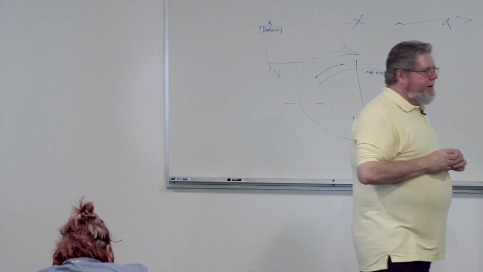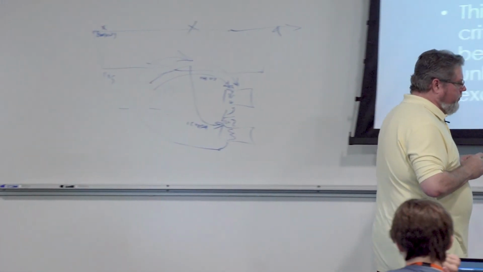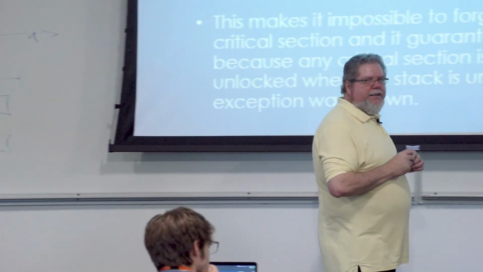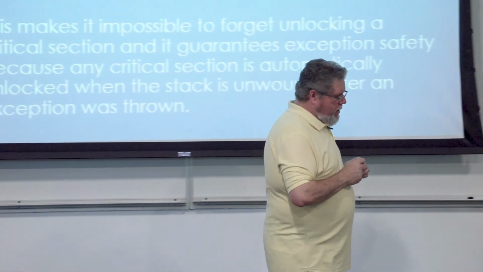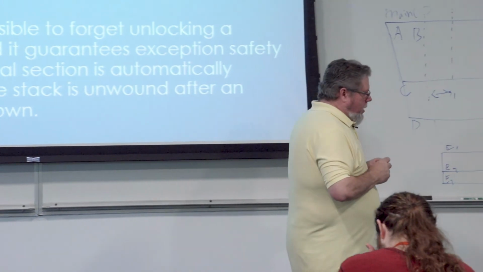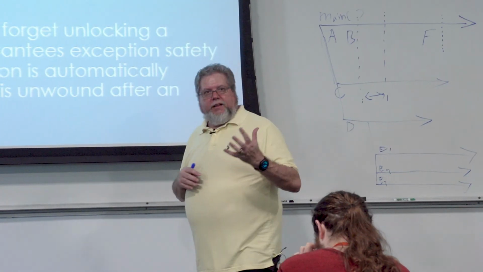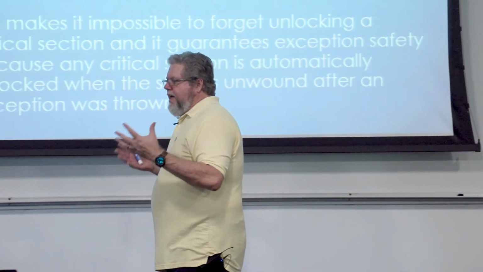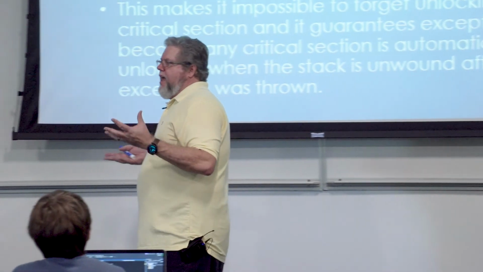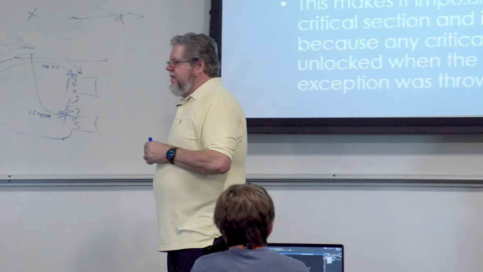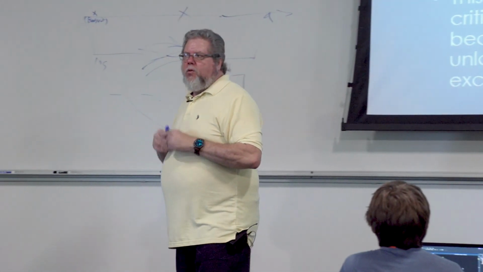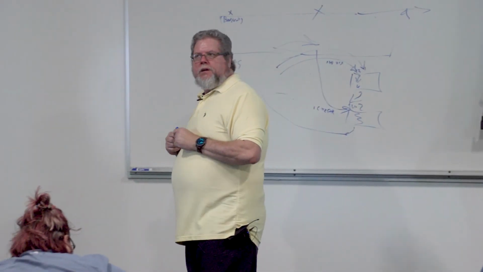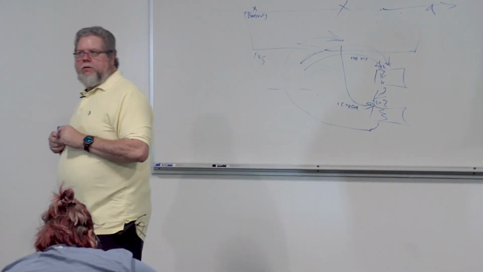The downside, in its simplest form, is it's an all or nothing kind of thing. I'm either locking the function and then unlocking the function. Right? So let's say that I've got a function and that function has 10 lines in it. Only 2 of those lines actually need to be controlled.